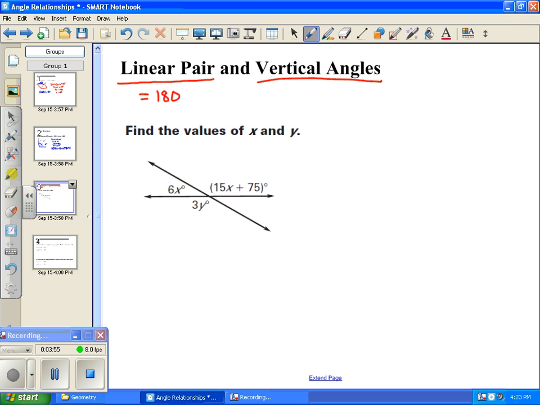So if we have a linear pair, we're just going to add the two angles and set them equal to 180. Now in this case, we see this angle right there has an x, and also this angle next to it has an x. So they're adjacent angles, they form a linear pair. So we want to add them up and set them equal to 180.